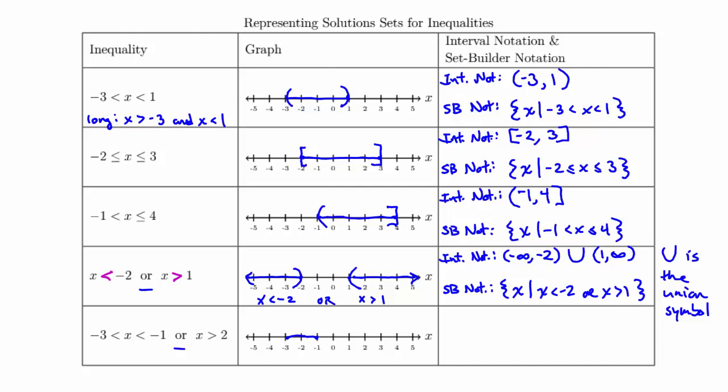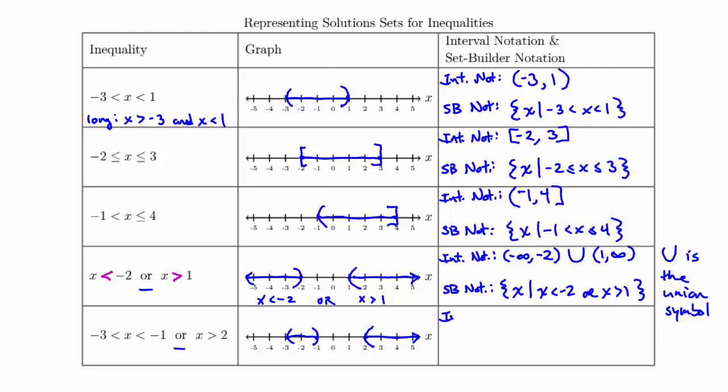So I'll draw a line in between there, and then I'm going to put open braces on both -3 and -1. Now for the second part, I'll go to where x is 2, and I need all values of x greater than 2. So I'll go from 2, I'll draw a line going to the right with an arrow, and then to show that I'm not including 2, but just going right up to the value of 2, I'm going to put that open bracket on 2, and of course it opens to the right.